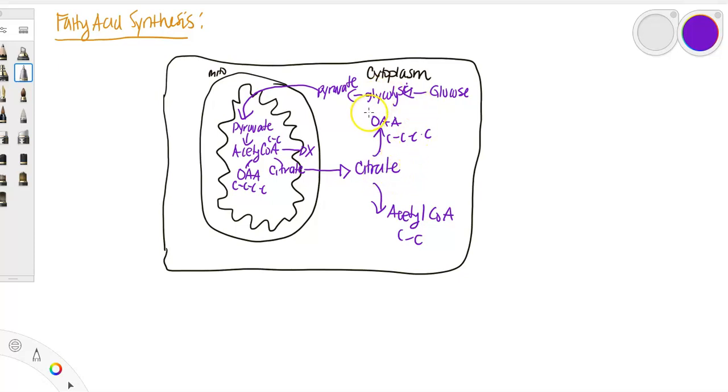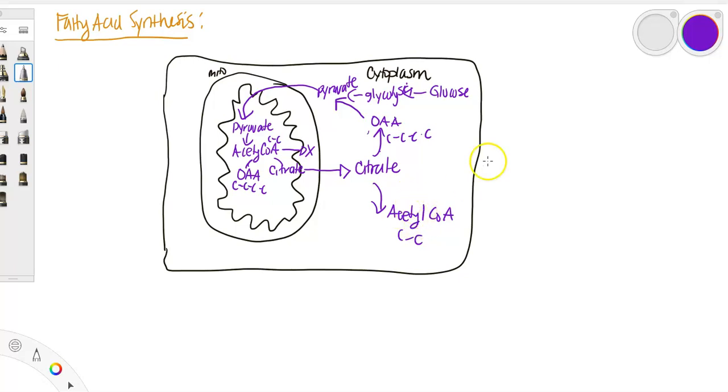Well, oxaloacetate, through a reaction that will produce NADH or NADPH, will create pyruvate. So we can go from citrate to oxaloacetate and then to pyruvate there. Okay, and we're left with acetyl-CoA.